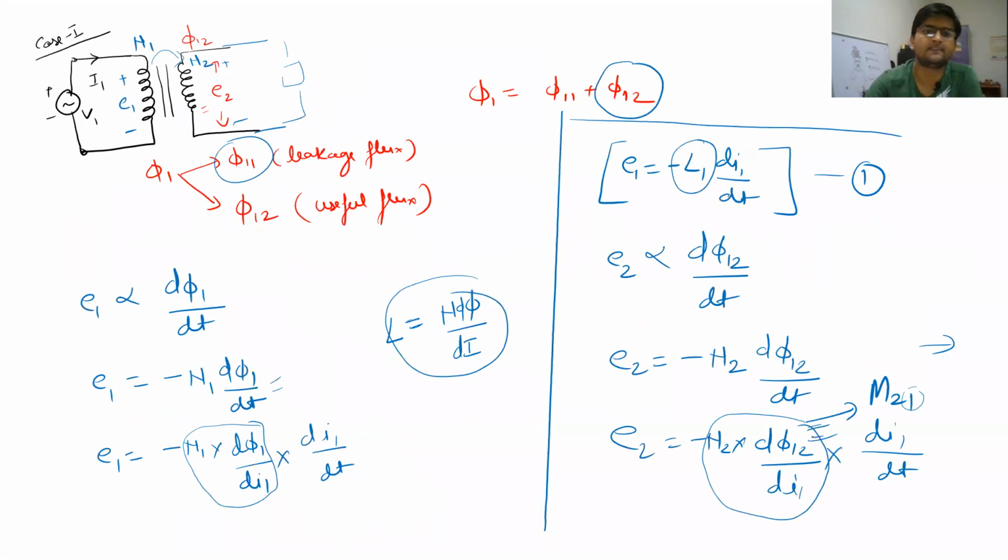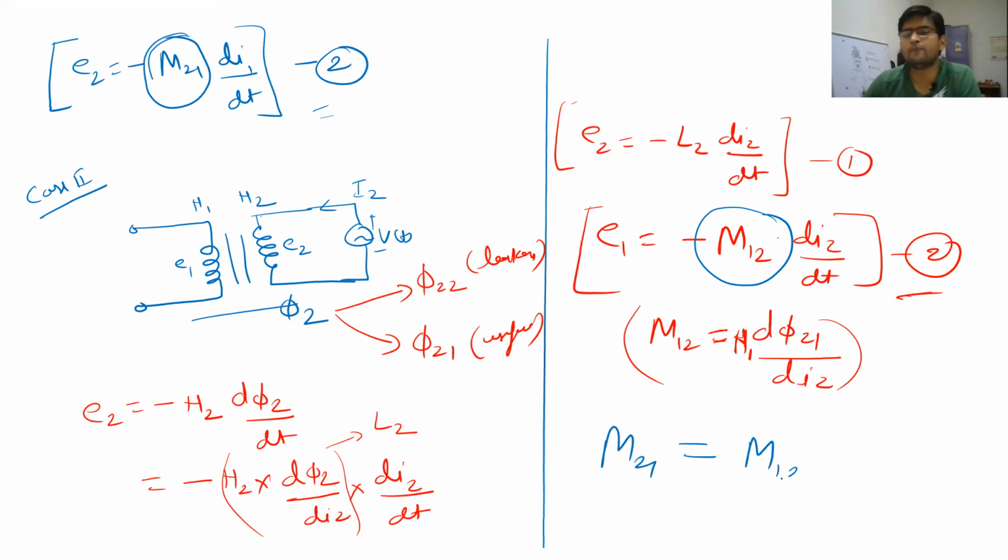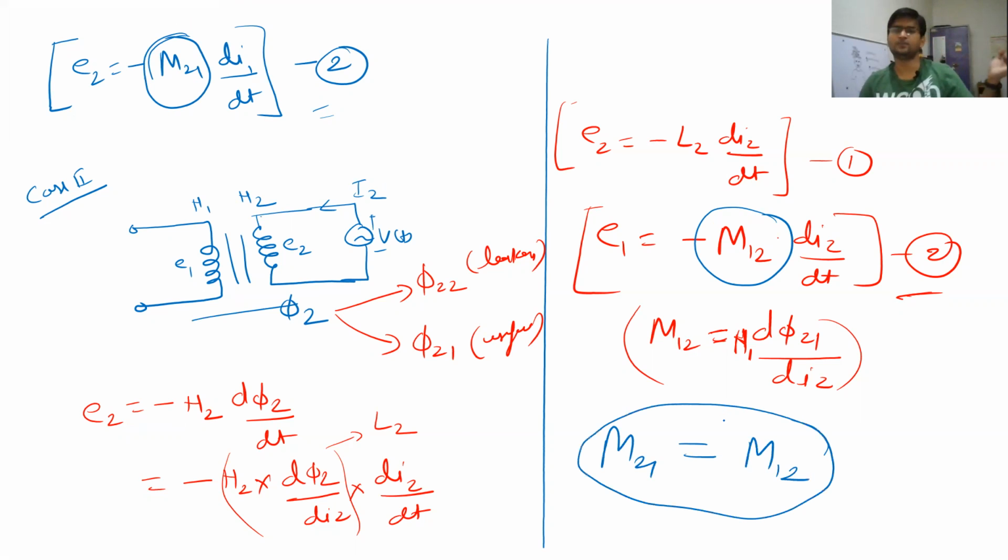One thing I forgot to tell you in the previous slide: the mutual inductances that we got, in the second case circuit we got M12, and in the first case circuit we had got M21. For the same circuit, this mutual inductance M21 will always be equal to M12, because whatever is going to be transferred from the primary side to the secondary side, similar transfer will be happening from the secondary side to the primary side.